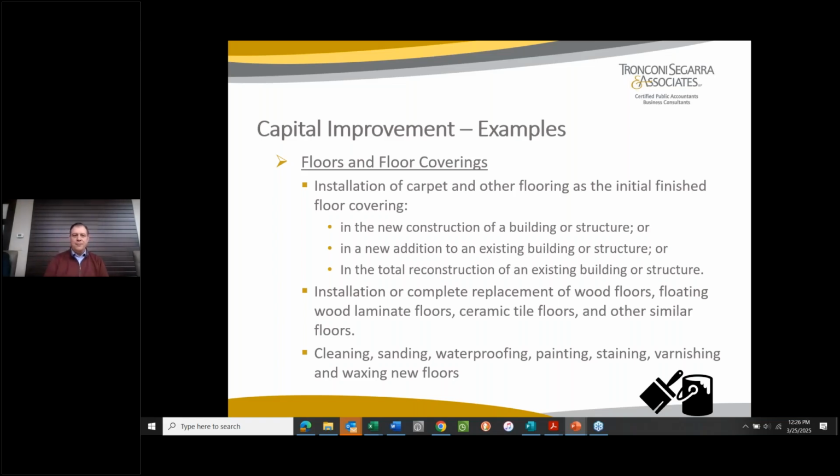So there's a difference between flooring and floor covering that you need to think about. And then any initial cleaning, sanding, waterproofing, painting, staining, that would all be a capital improvement as long as it's the initial time you're doing it, not down the road. Otherwise, that's repair and maintenance.